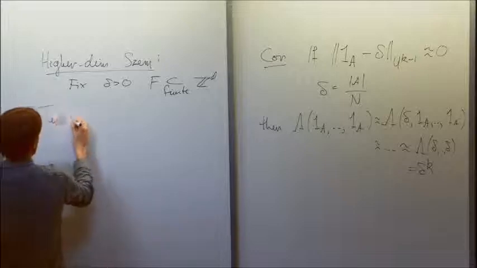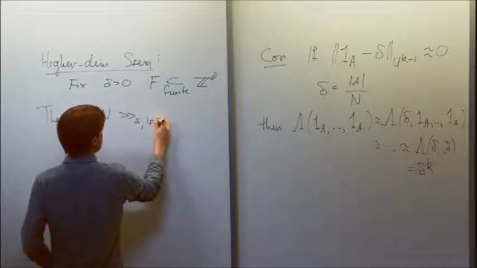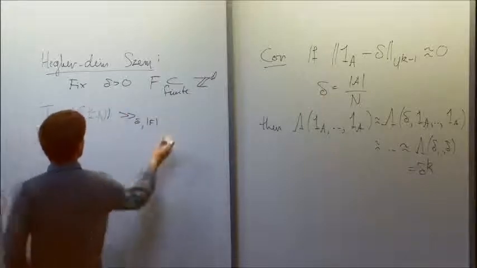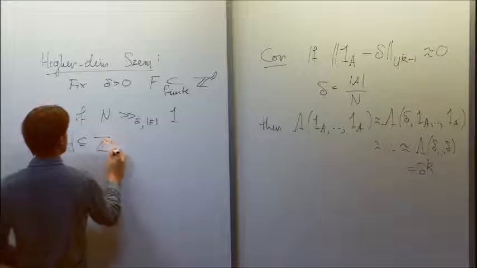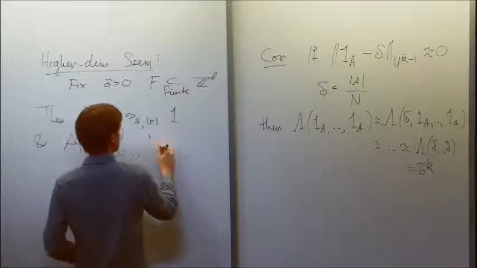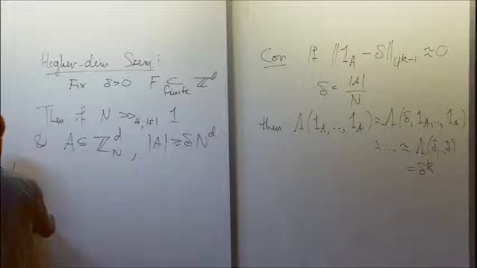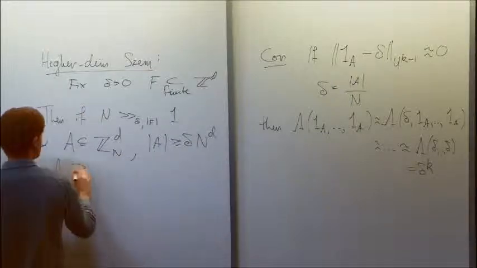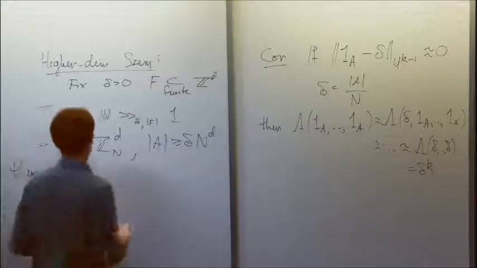Then, if n is large enough, depending on delta and also on the size of this finite set, and you have a subset A of (Z mod n)^d whose density is at least delta, then A must contain some translated and dilated copy of this F, where I read F mod n.